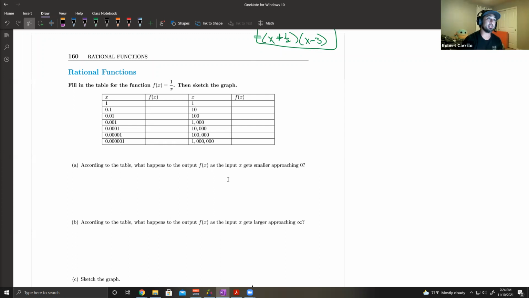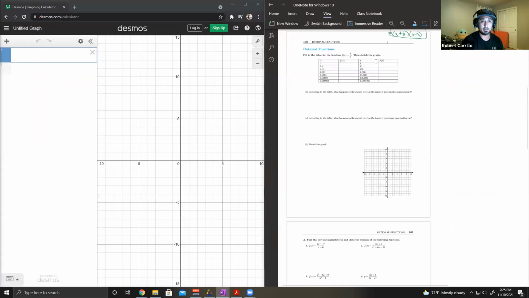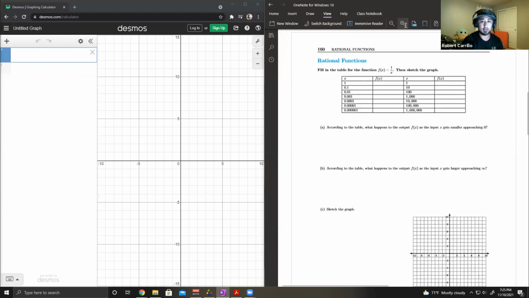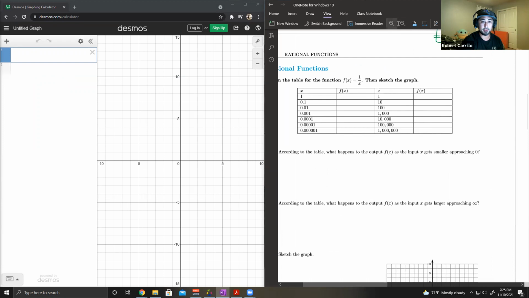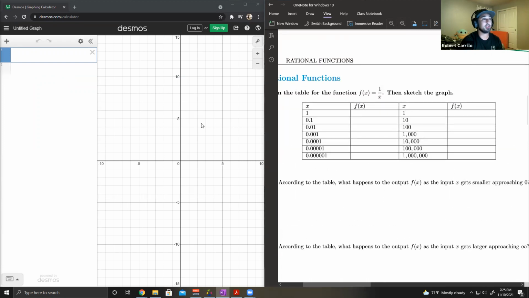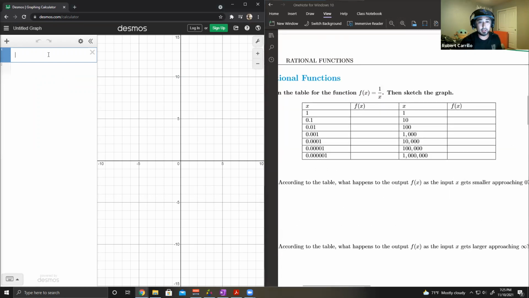So we're going to use Desmos for this. So let me move this to the side. There we go. Maybe I can zoom in one more time. Yeah, okay. So what we're going to do is type in that function, and I'm just going to write it as y equals 1/x.